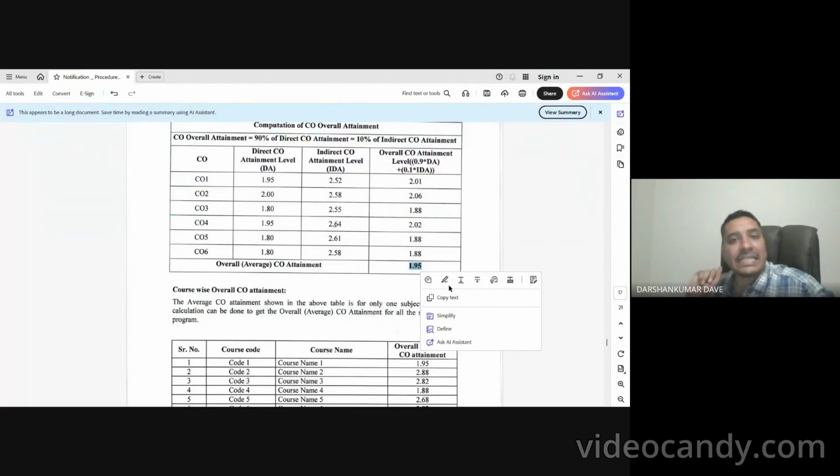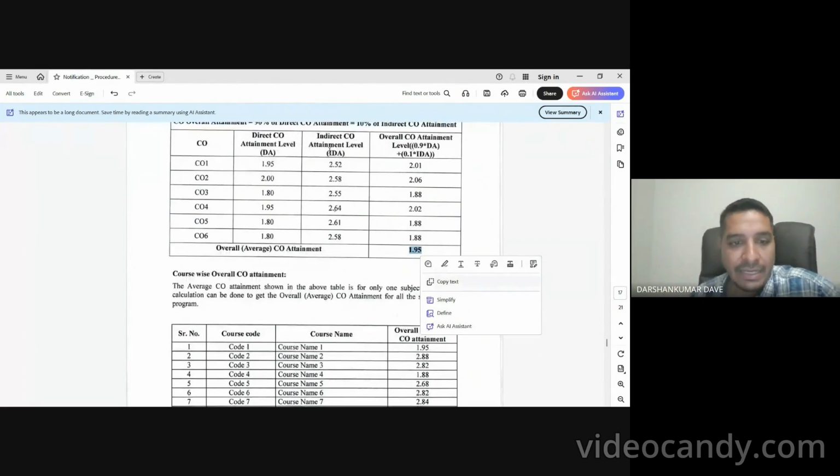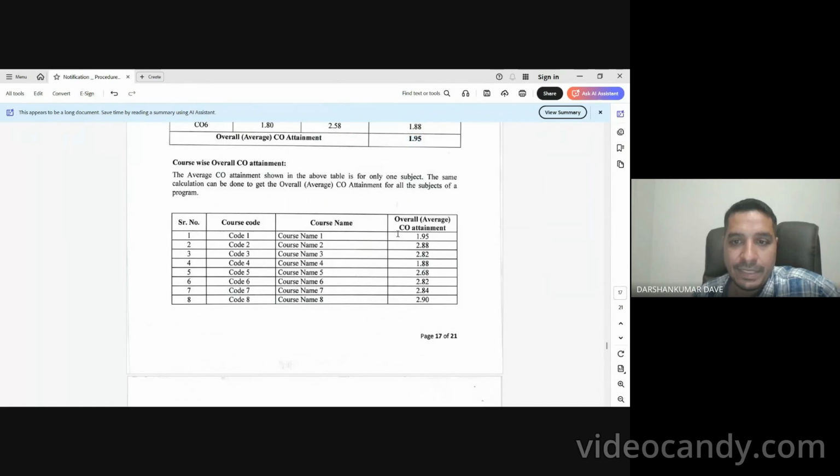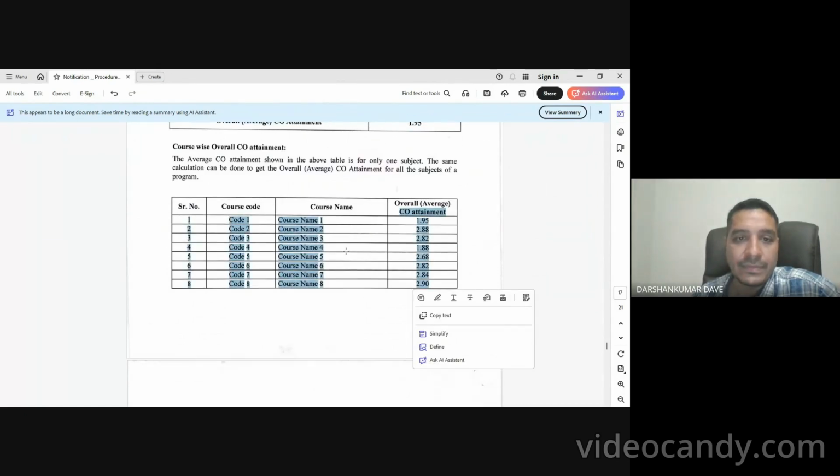That is the attainment of my course with its course outcomes. So overall, course 1 is attaining up to 1.9 of its course outcomes. That is the concept, and that is prepared in a table. This table will again help us in calculating program outcomes.